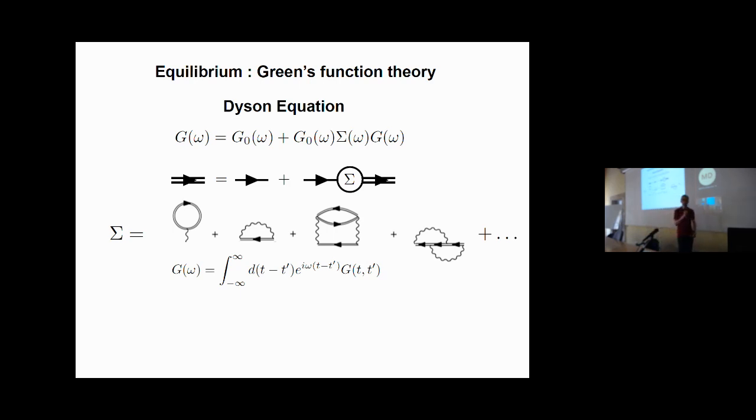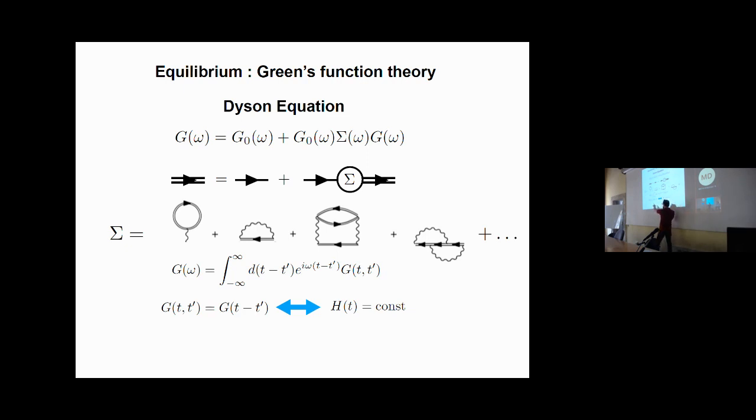It is nothing but the Fourier transform of the Green's function in the time domain. In the time domain, the Green's function is in general an object that depends on two different times, t and t prime. But the simplicity and the advantage of being in equilibrium is that the Hamiltonian doesn't depend on time, it's constant.